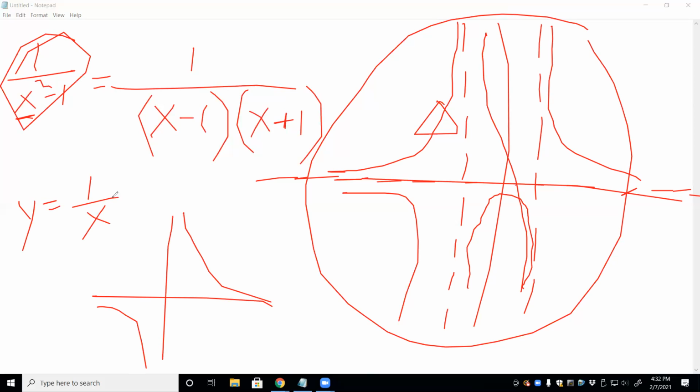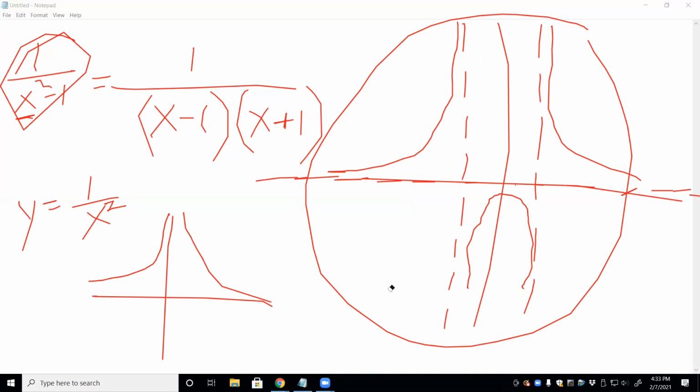And if I were to graph 1 over x squared, it would look like this instead. And if I graph 1 over x squared minus 1, I'm not sure which one of these it sounded like matched what you were looking at in your book. Yeah, no, this is pretty good.